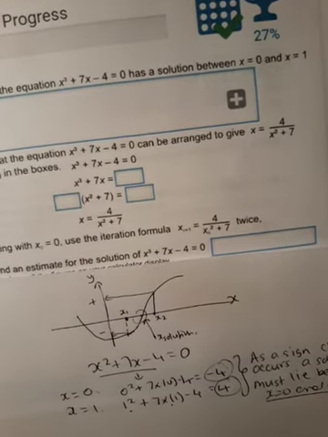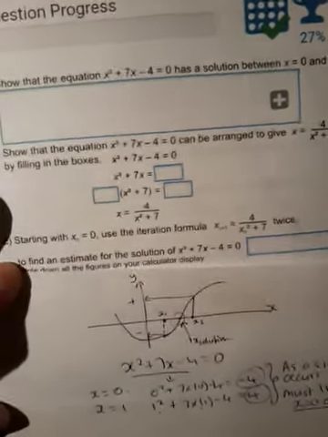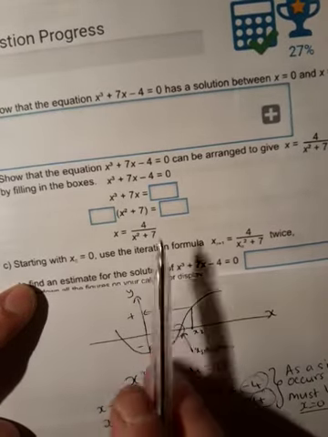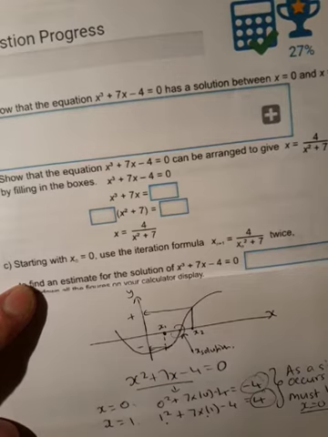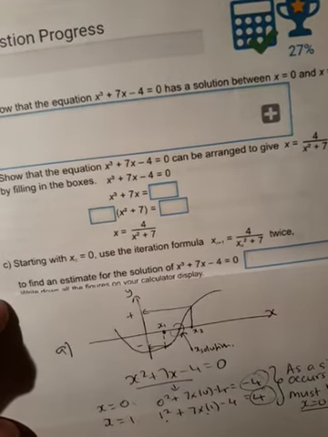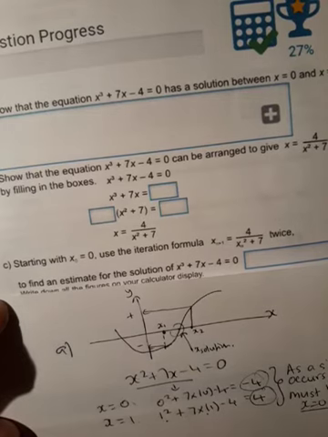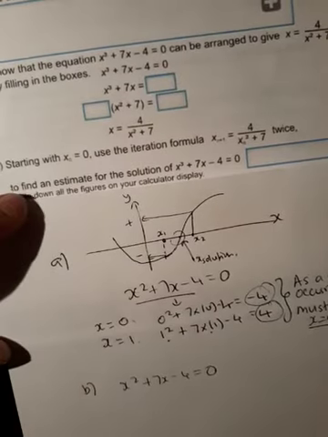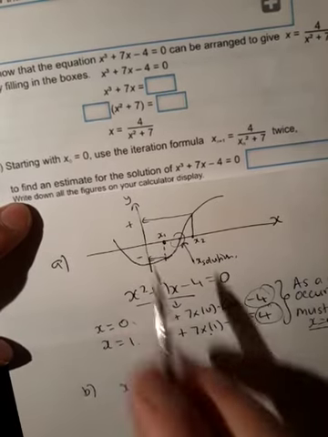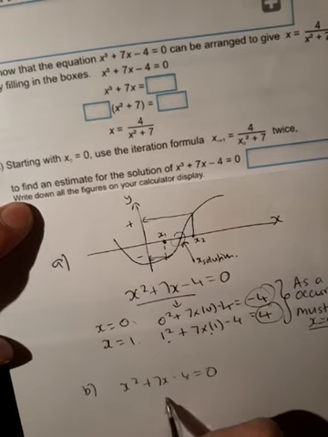Part B is a rearrangement, so you're basically getting to an iterative formula here. It's showing you how to do that, going through the steps. We've got x squared plus 7x minus 4 equals 0. The first thing it says is to add 4 to both sides.